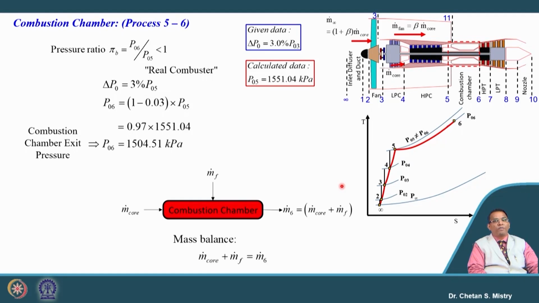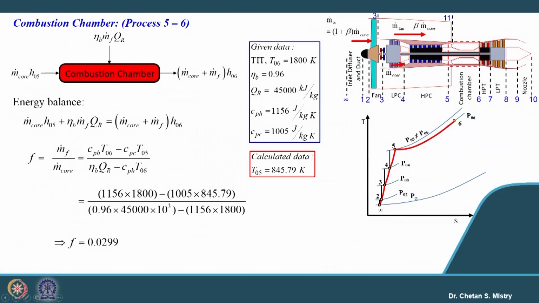Now, we have information in terms of balancing the work as well as the energy. If we are writing the equation for the energy balance, you can straightaway write it down. Be careful here, in this case we are not having any information in terms of bleeding.